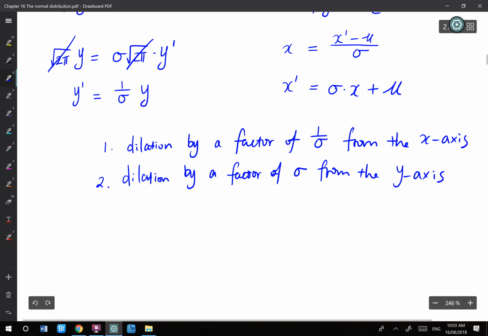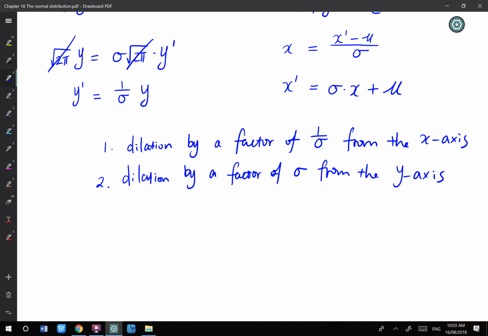Can you see that those are the two steps? If you dilate from x, you must dilate from y by 1 over that factor. Because if you stretch it this way, then you need to compress it this way. If you compress this way, you need to stretch it this way. So you need to balance and make the area back to 1. That's why I must have two dilations.